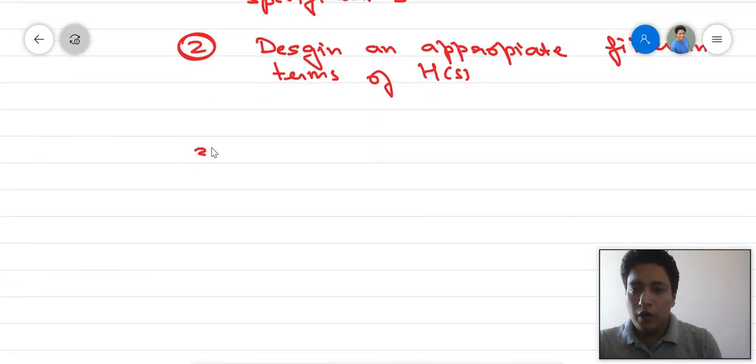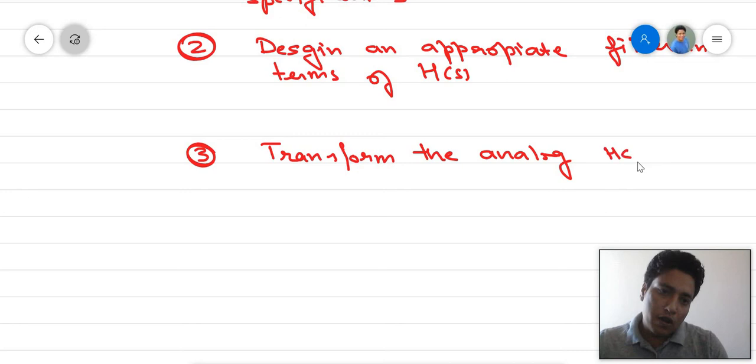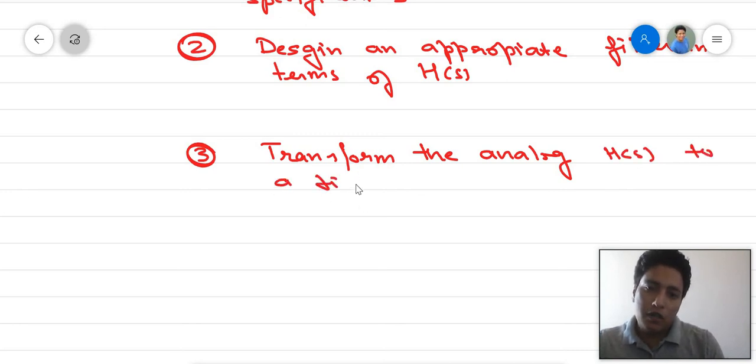Now the third point is to transform the analog H(s) to a digital filter H(z).